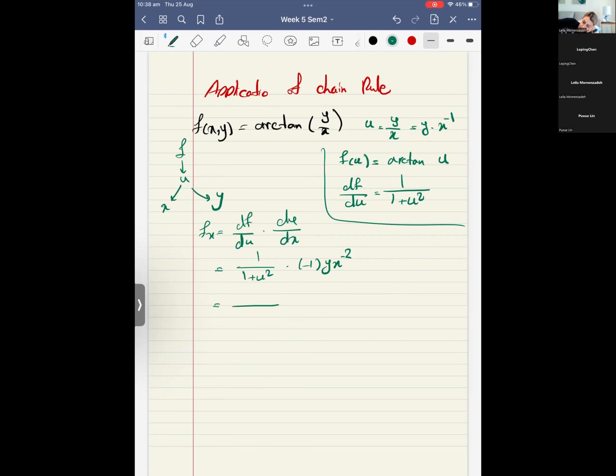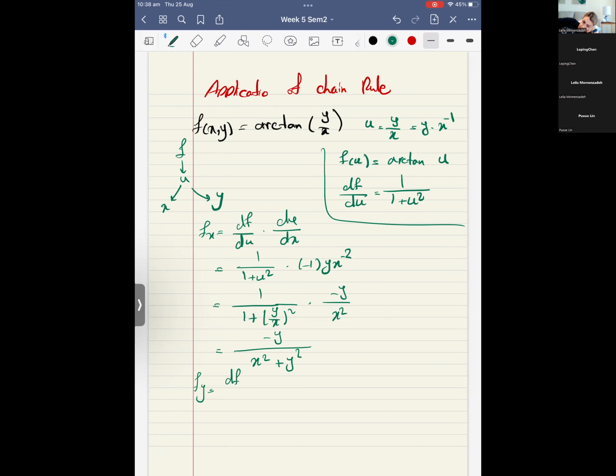It would be equal to 1 over 1 plus (y over x) squared times minus y over x squared, and together these two give minus y over x squared plus y squared.